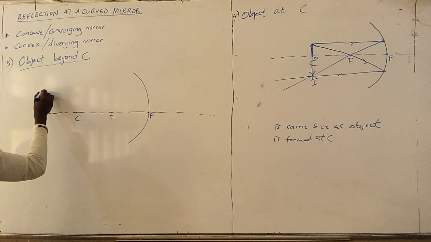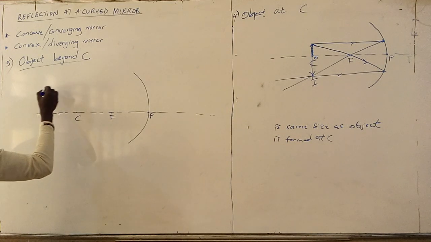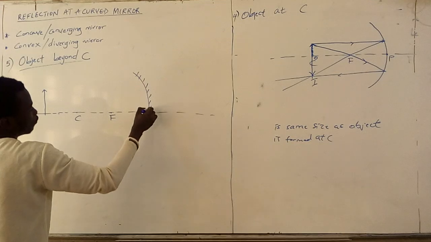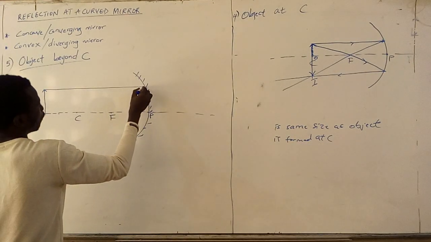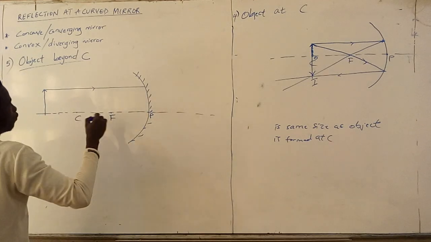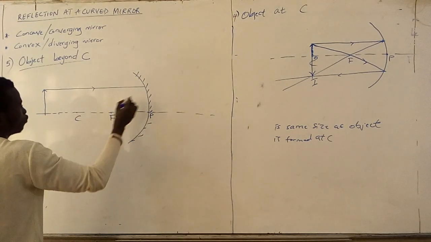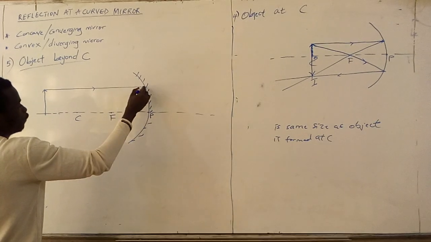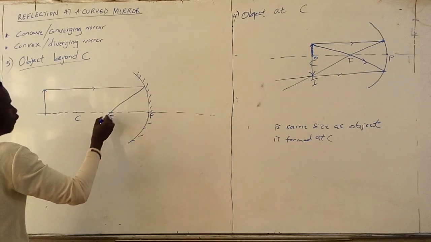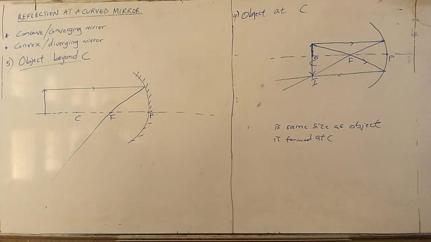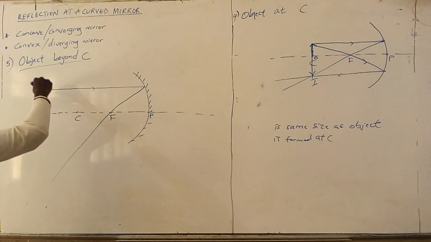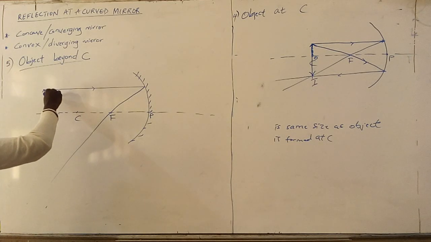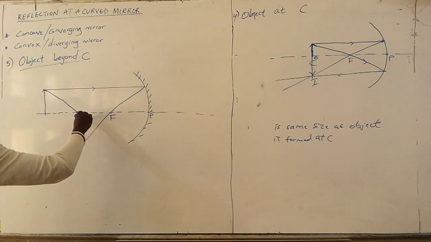So if I have objects this way, it will fall on F this way. Then from C to the top of the object, we are going to have a wave going this way.